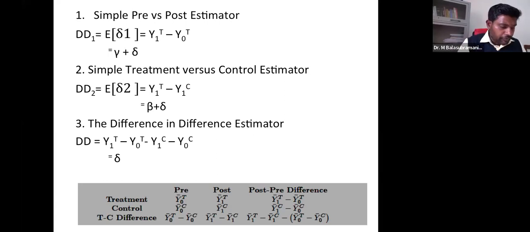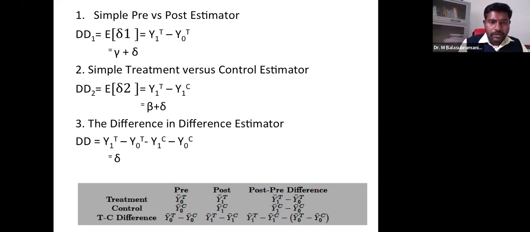Then if you take another simple step, with control and treated directly, with y0, y1, y4 in the diagram that I explained previously, you see there DD2, what it gives: y1 t bar minus y1 bar c. Directly, the treatment is the only effect.